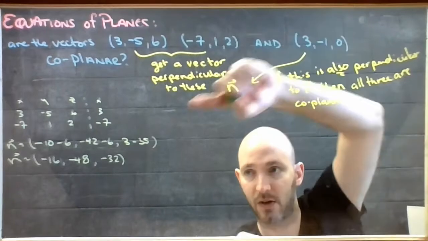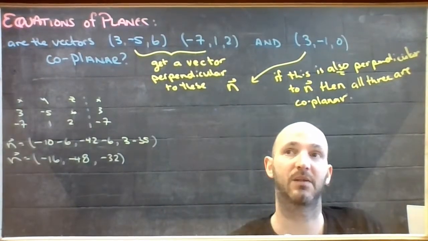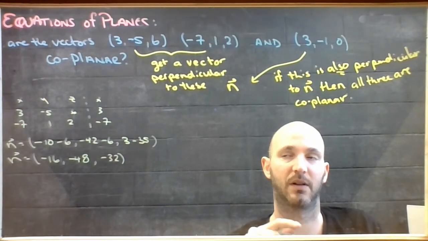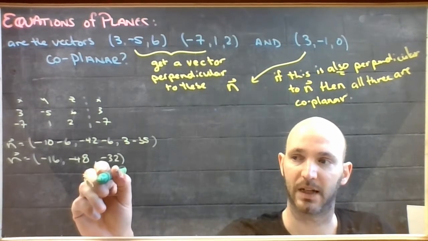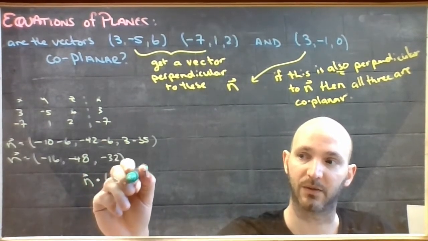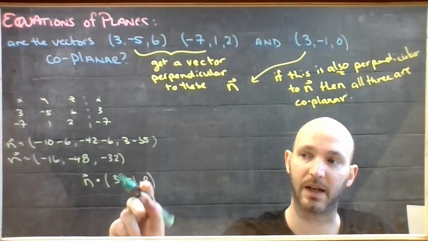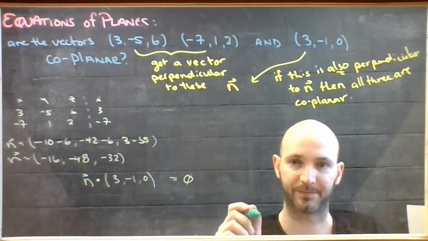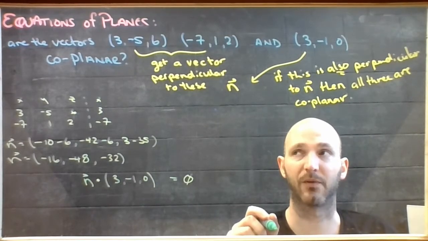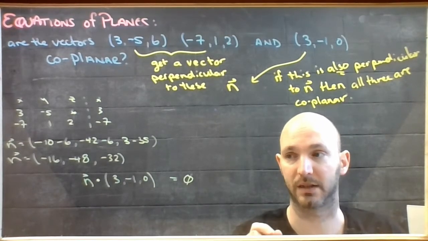If this one is also perpendicular to this, then these three vectors are coplanar. The way I check perpendicular is I take my normal and I dot it with (3, -1, 0). If they are perpendicular, that will give me 0. You recall that from when we first introduced the dot product.